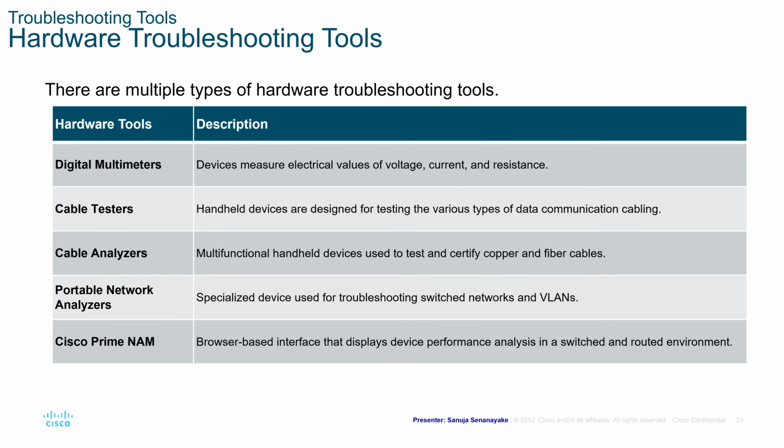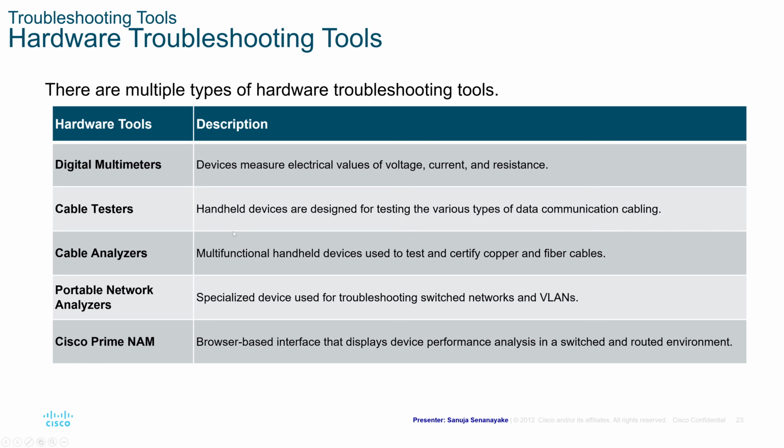Hardware troubleshooting tools. There are multiple types of hardware troubleshooting tools available in the market, and some of them are listed here, but this is not an exhaustive list. This is just a handful of hardware tools. They include digital multimeters, which are devices that measure electrical values of voltage, current, and resistance.